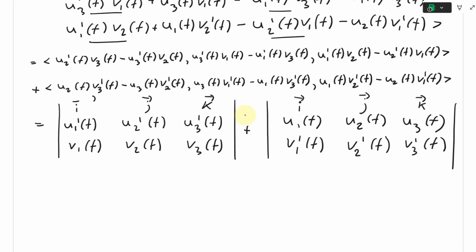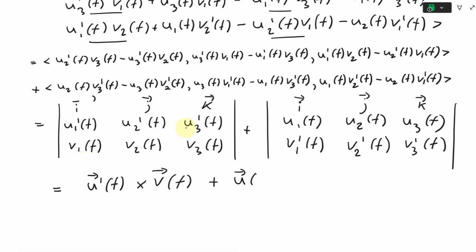Now this equals, the top part is just going to be the u vector, this is the prime of t, cross product with the bottom, which is just the regular v vector of t, plus, and now the next one is going to have derivatives at the bottom.